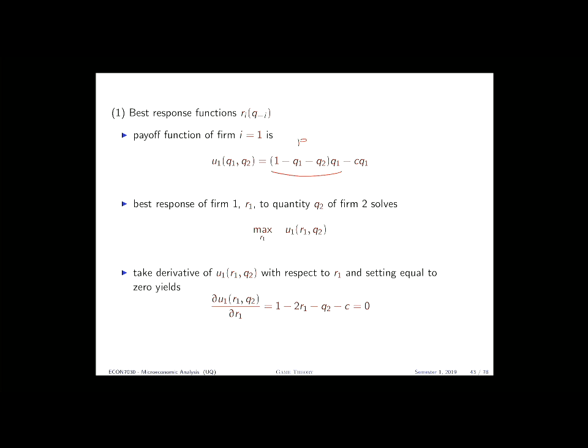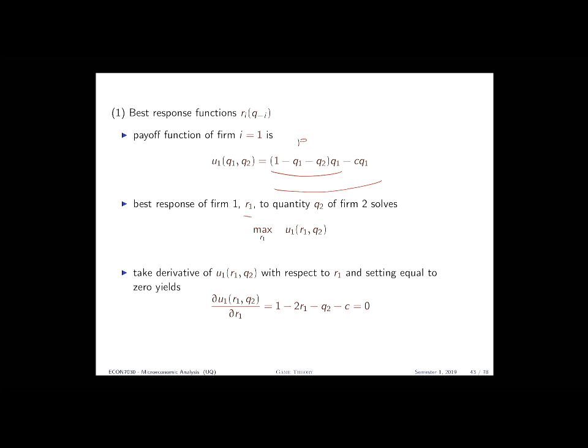So what I need to do from now on to find the R1 is to maximize this term, for any Q2 by choosing an R1. So now from now on, instead of Q1, I say R1, reaction function of firm 1.